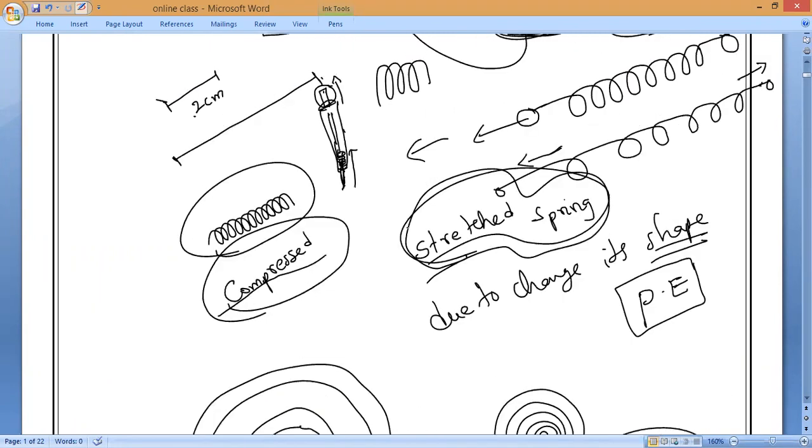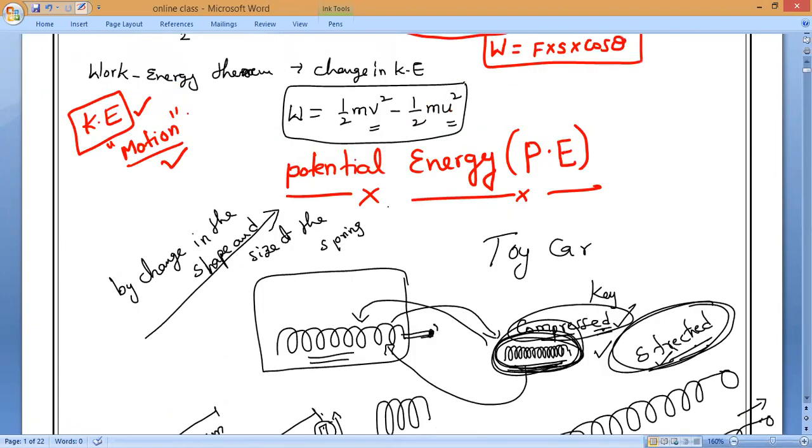This is one case of potential energy. I will say the types of energy also, so please observe very carefully. Potential energy again is of two types. In the first case, we are trying to change two things. Can anybody tell me what the two things are?